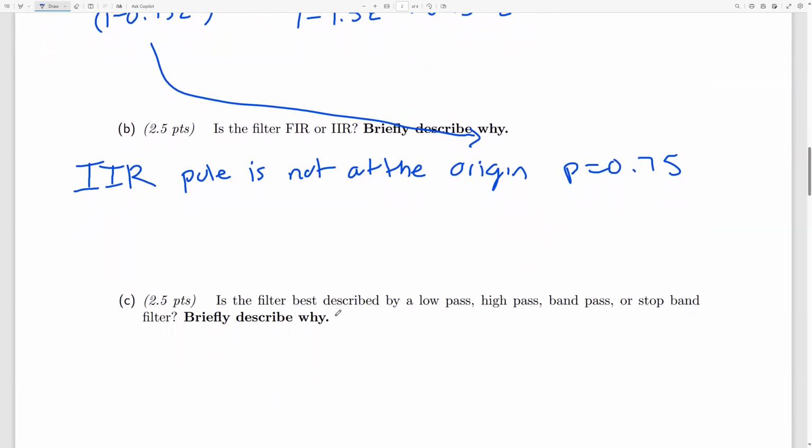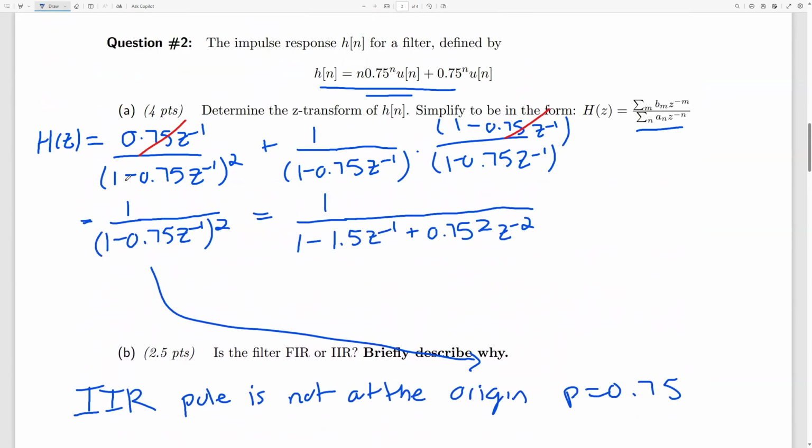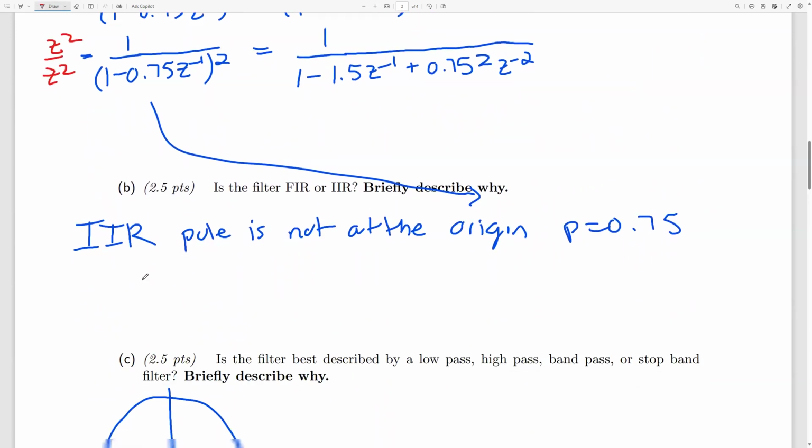Is the filter best described by a low pass, high pass, band pass, or stop band filter? Briefly describe why. When you do these, you want to draw your pole zero plot and its meaning in terms of the magnitude response. So if you start, its pole is initially at p equals 0.75. Where is the zero? Well, you can interpret zeros at this point earlier, because if you write this as z squared over z squared, you'll get this trivial zero at the origin.